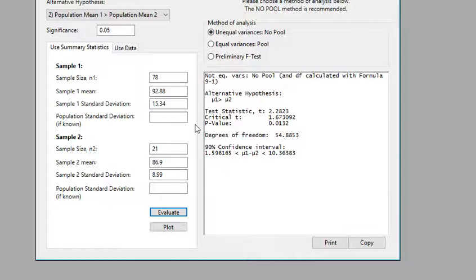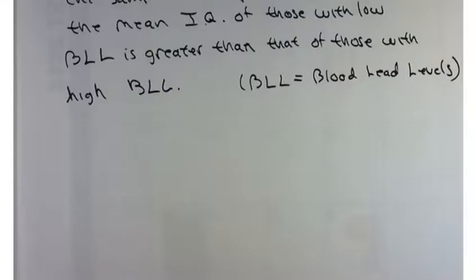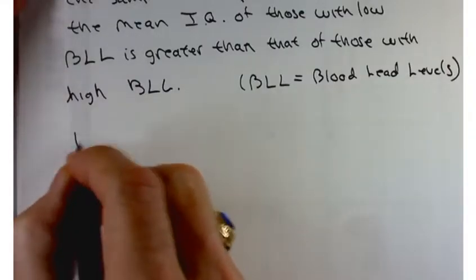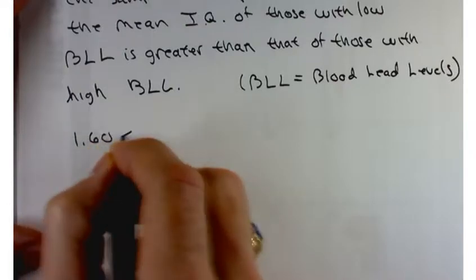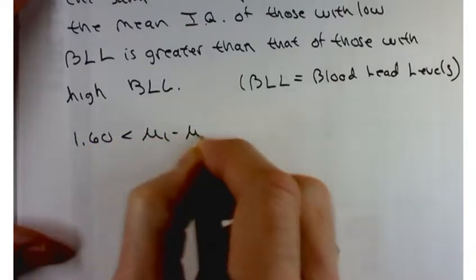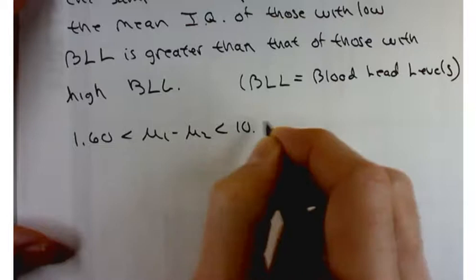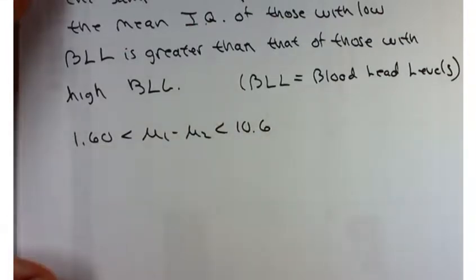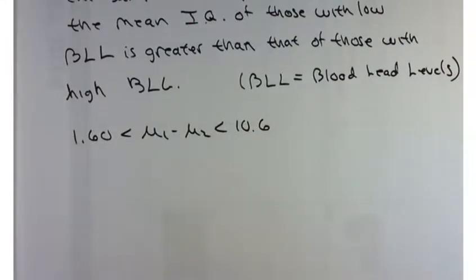So let's write that down. 1.60 less than mu1 minus mu2 less than 10.36. Was it? Nah, it's bothering me now.